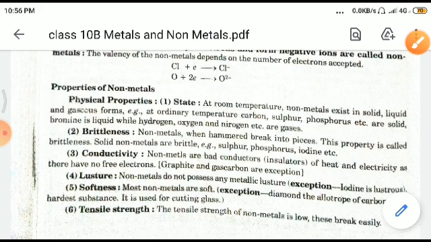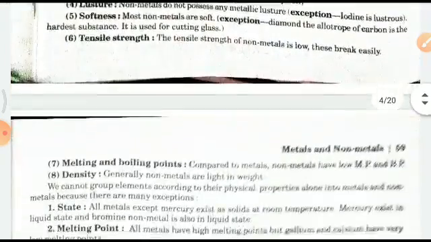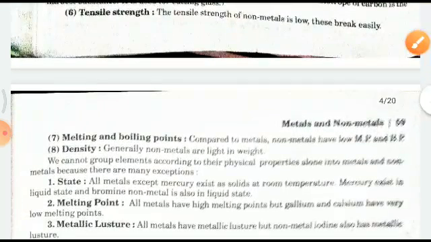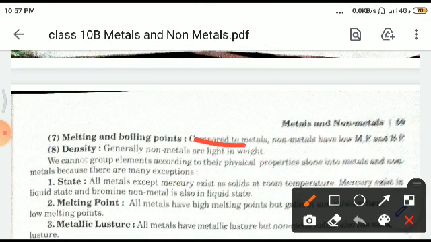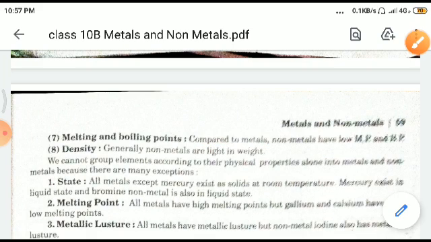Luster: they do not possess any metallic luster, no shine. Softness: most of the non-metals are soft except diamond, which is the hardest substance. Tensile strength is low, they break very easily. They have low melting and boiling points and low density. They're lightweight in nature also.